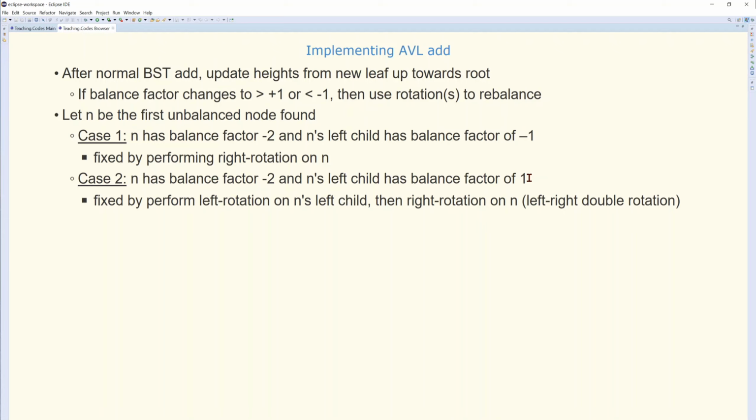So in the case of case 2, I should do a left rotation on the left child of n, the one that has balance factor of 1, then a right rotation on n, which had -2. So with a left-right rotation, you solve the problem.